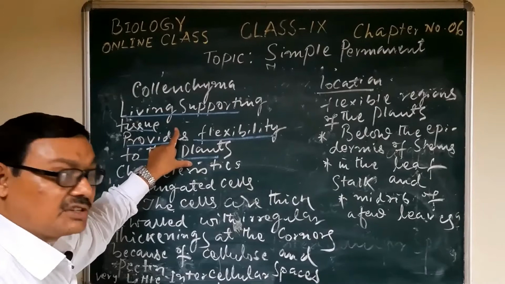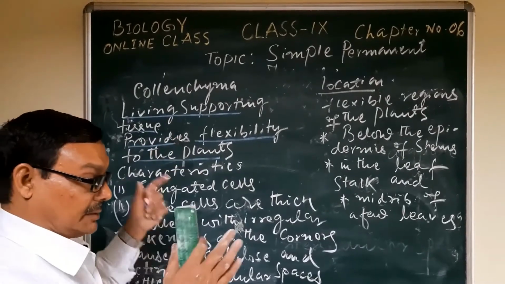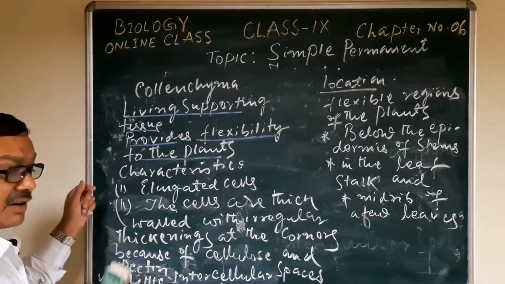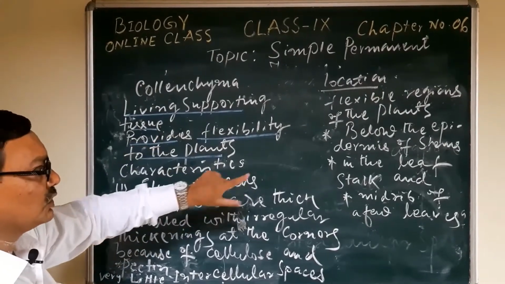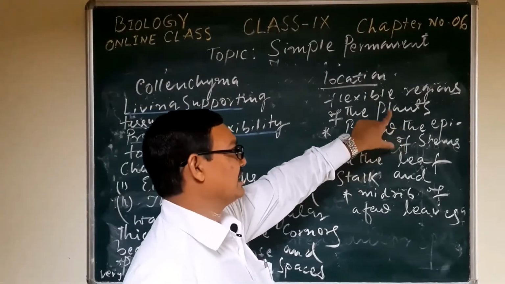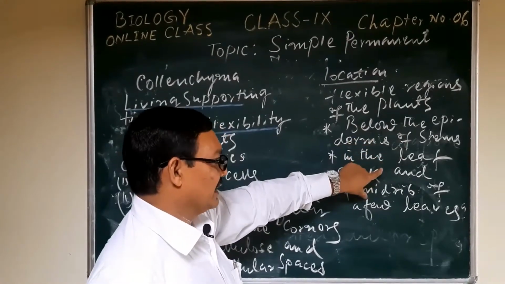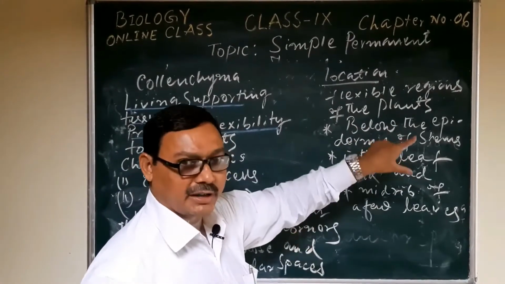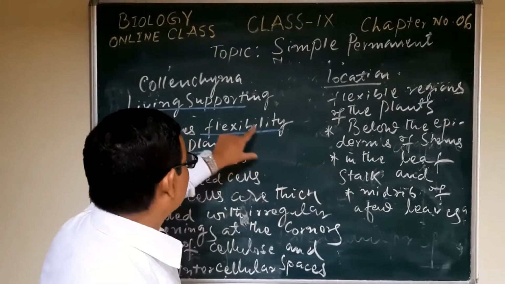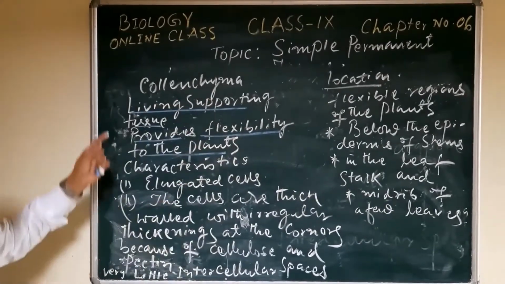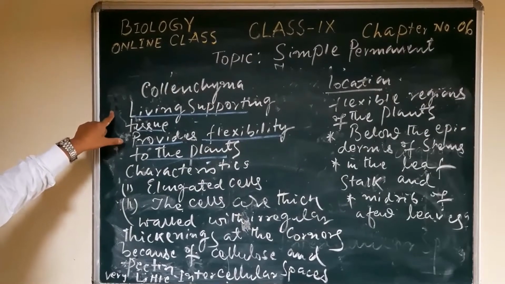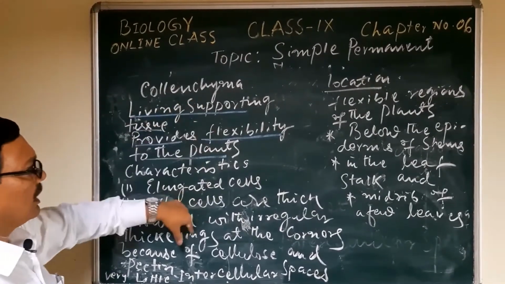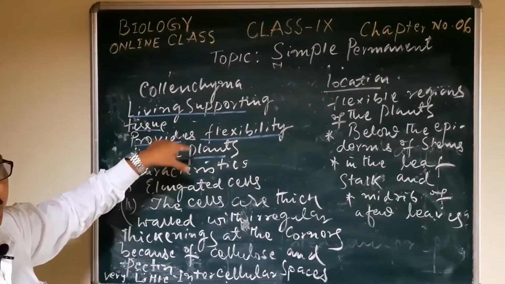Even in a wind or any adverse environmental condition, their branches, their twigs, their important parts cannot be broken. So these are some facts due to the presence of Collenchyma. Unlike the parenchyma, in the Collenchyma all of this is supporting in nature.